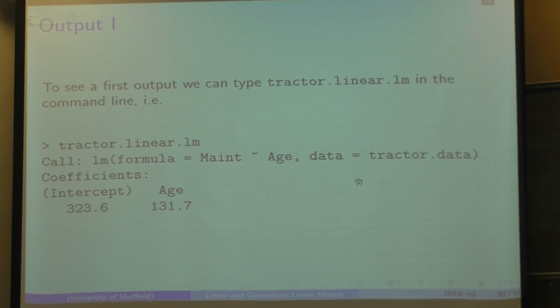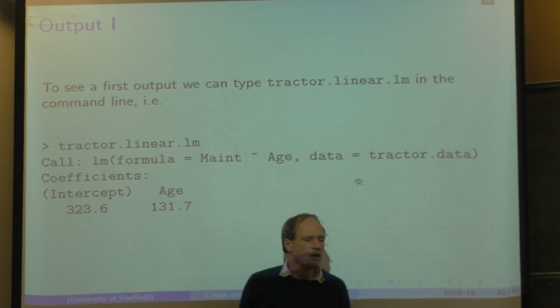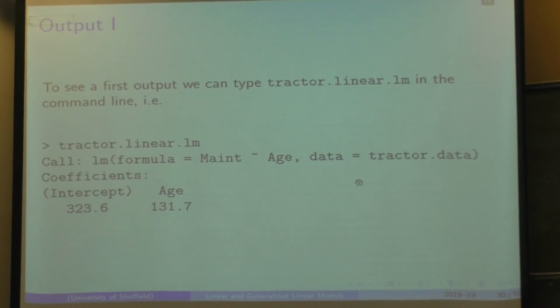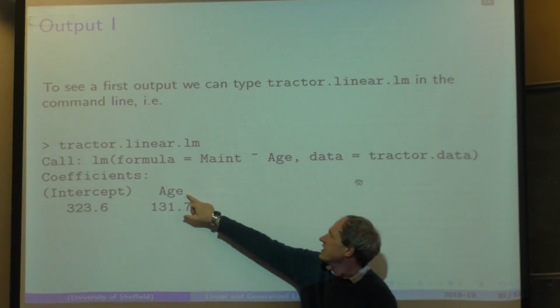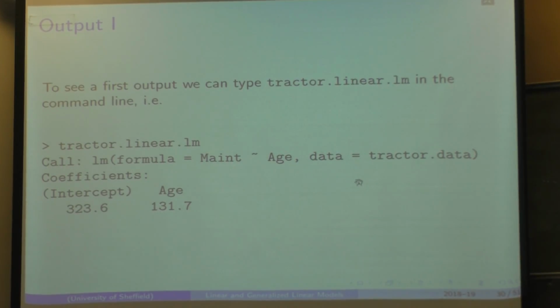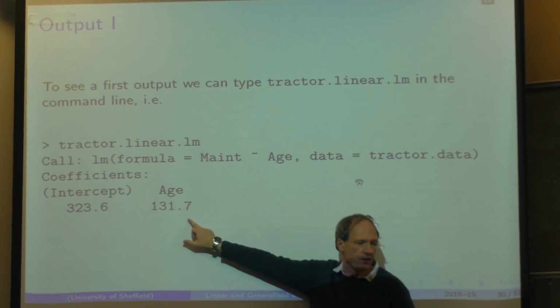And then it gives us the estimated coefficients. R is saying that the estimated intercept is 323.6, and what it says here, age, of course, doesn't mean the estimated age, it means the estimated coefficient of age, so it's the estimated beta 1, beta 1 hat. So this is beta 0 hat, and this is beta 1 hat.